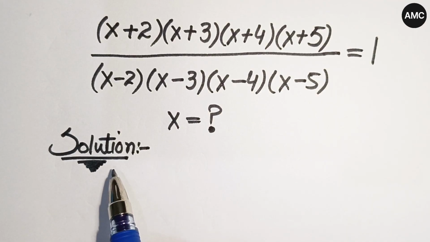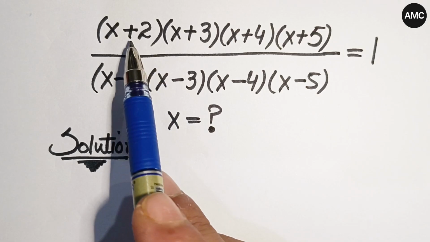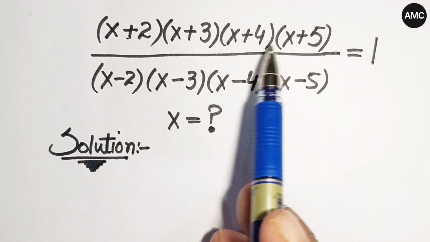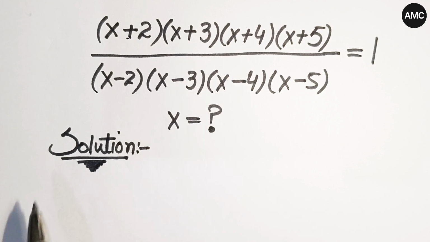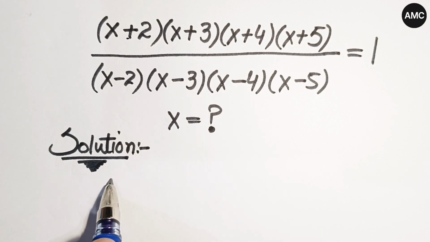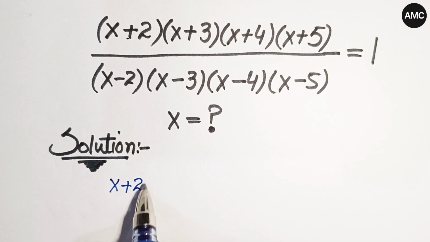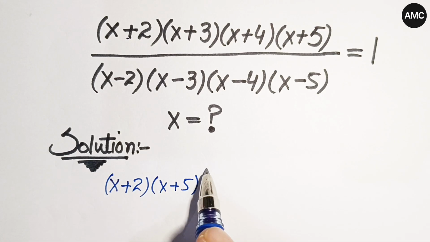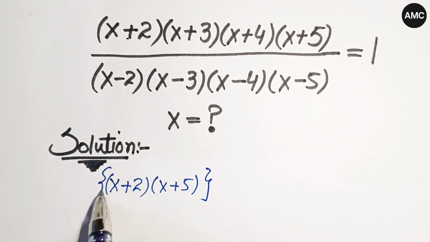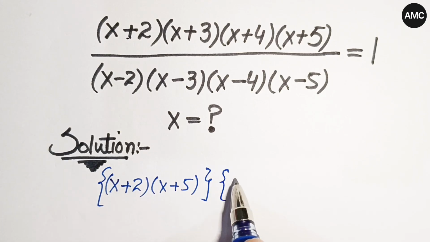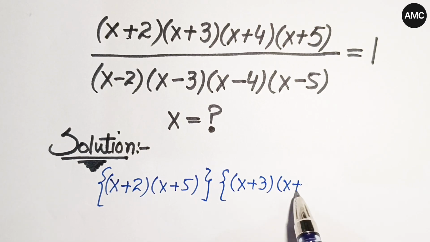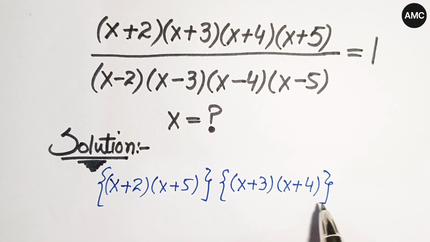So starting our solution, first of all we are going to make pairs of x plus 2 with x plus 5 and x plus 3 with x plus 4. So here we have (x+2)(x+5) as our first pair. Similarly, making our second pair, that is (x+3)(x+4), all over.